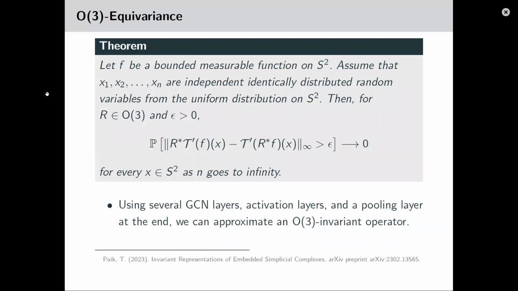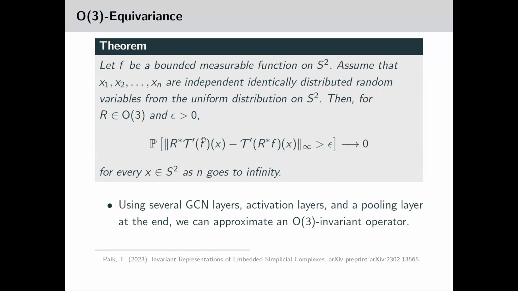And this theorem can guarantee that. What this theorem tells us is that for every positive number epsilon, the probability that these two vectors differ by more than epsilon goes to 0 as the number of points we sample goes to infinity. So here n is the number of samples.